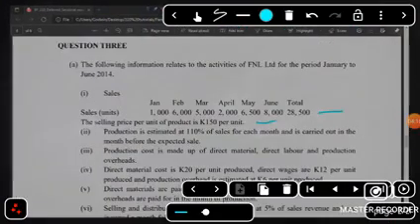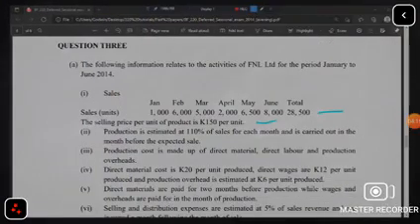And then note 2 says production is estimated at 110% of sales for each month and is carried out in the month before the expected sale. Okay, before selling this, we must produce these units prior to the month that we are selling them at.